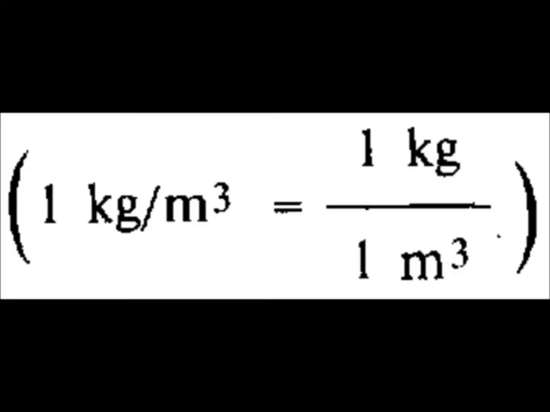Also, we are going to see the equivalence. Well, not the equivalence, just the units, right? They are in the image, and there's not much to say on this topic, but it's related to the specific weight and the relative density.